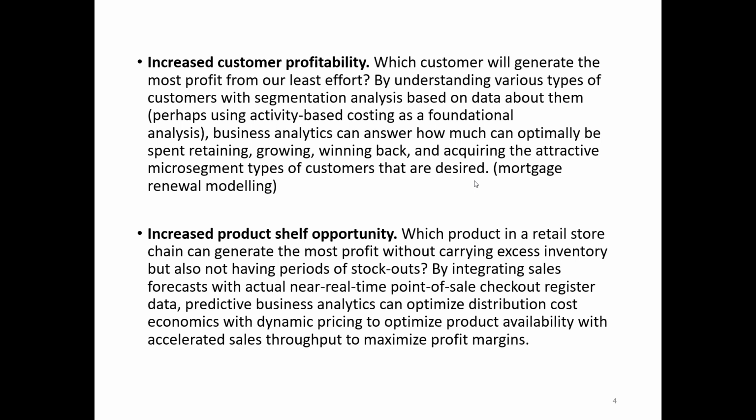Okay. And another way that we can use this is product shelf. Grocery stores were the first to turn this into a real science with what they call slotting, and they'll allocate product in a very, very objective, data-driven way.